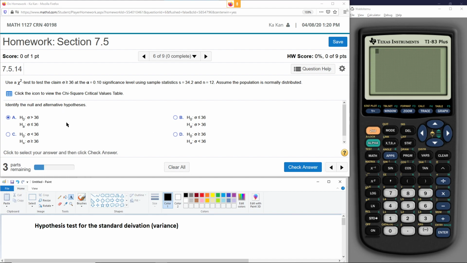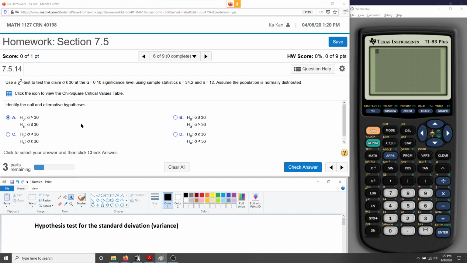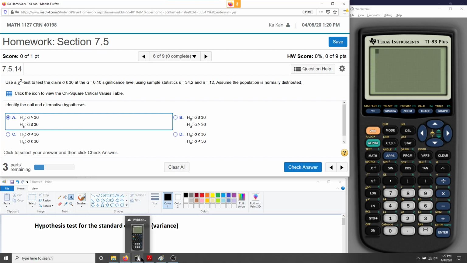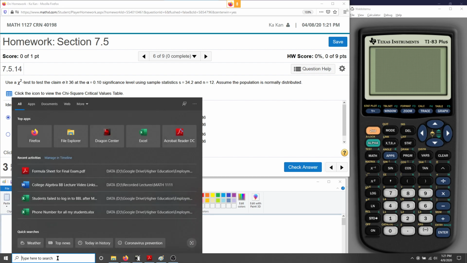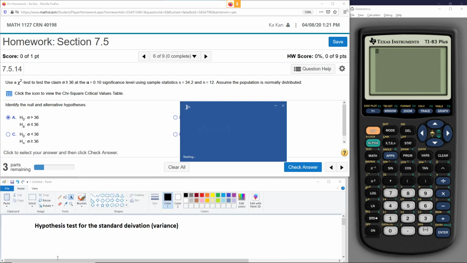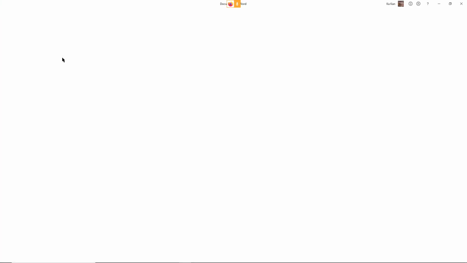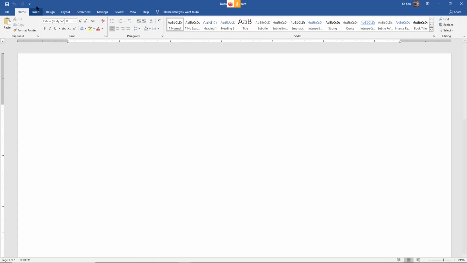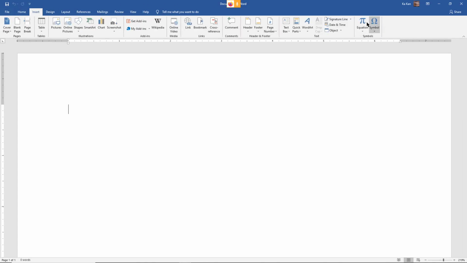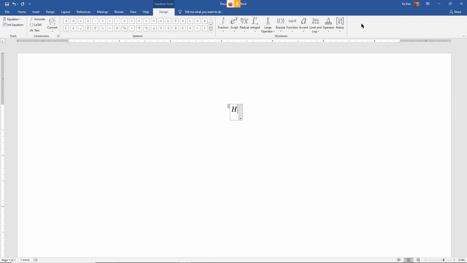Now, how do we set it up? In this case, we have two hypotheses. We're testing for the standard deviation. For every chi-square test, we'll have a null hypothesis, and it's not going to be the mean or the proportion this time.